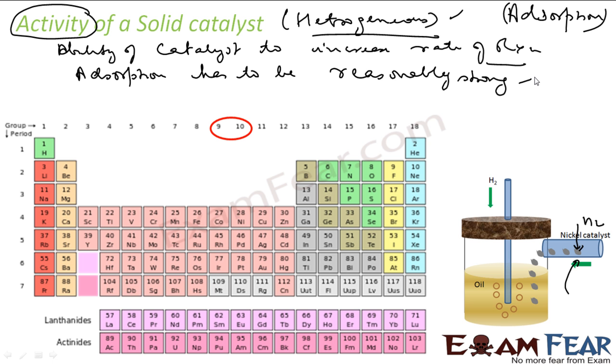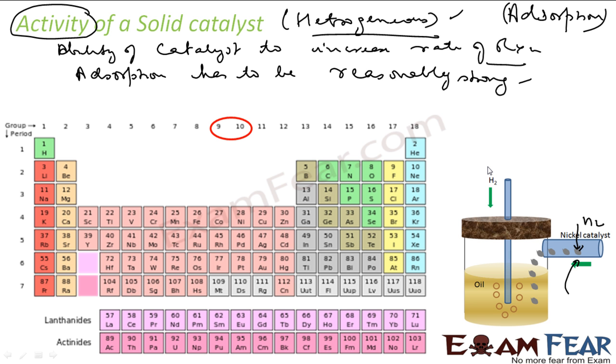Too much adsorption is also not good, because in that case the desorption will have a problem. The product or the reactant will not be able to leave the catalyst surface. But we want that also, right? So it has to be reasonably strong.